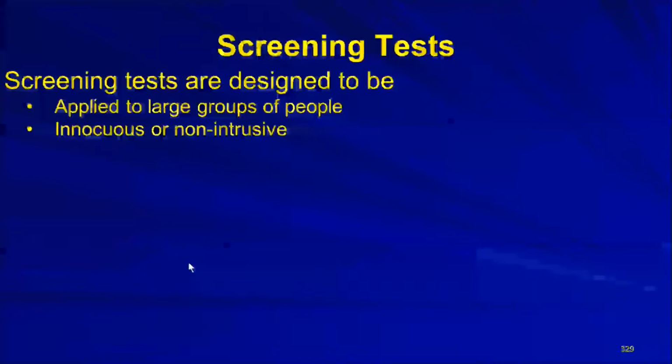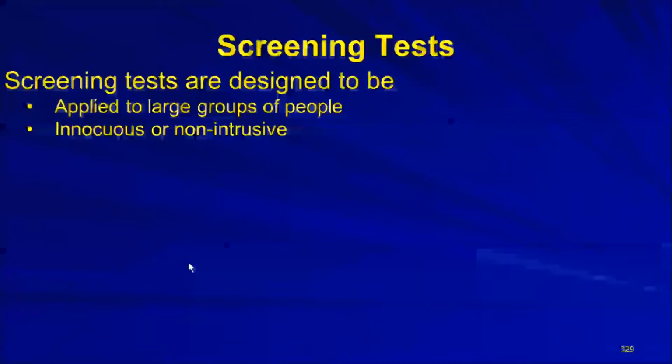The next thing I want to focus on is what screening tests were designed for. They're very much a population based method. When we think of screening tests, they're for large populations. They're innocuous, they don't hurt, or they're non intrusive. These are the best ones. People don't like to be poked with a needle if they can avoid it.